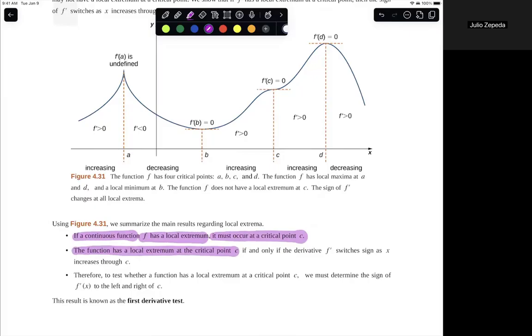A function will have a local extreme value at c if and only if the derivative f prime switches sign as x increases through c.